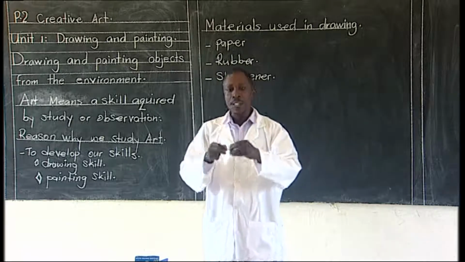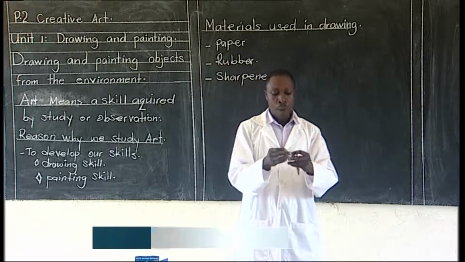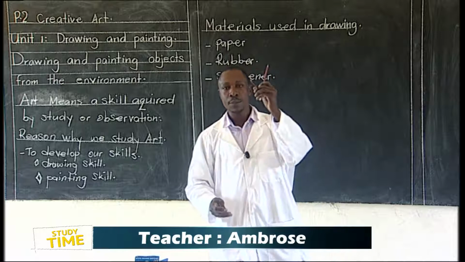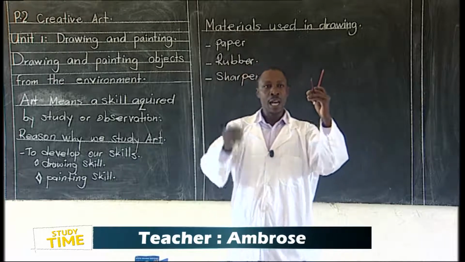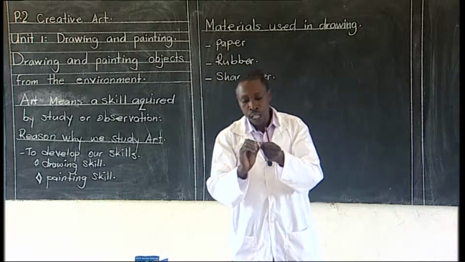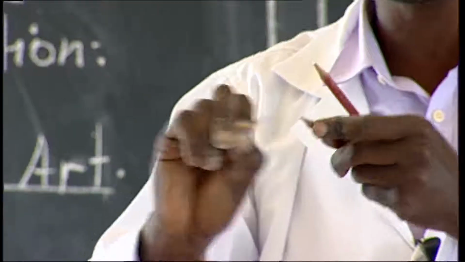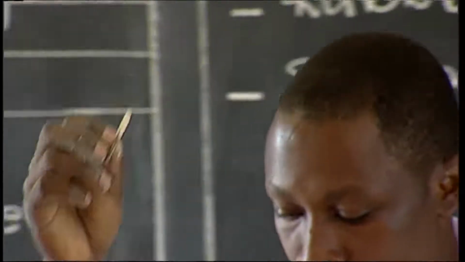For me, I have this one. I have a pencil here and a sharpener. You can use this sharpener to sharpen your pencil so that you can draw a very good and clear diagram.